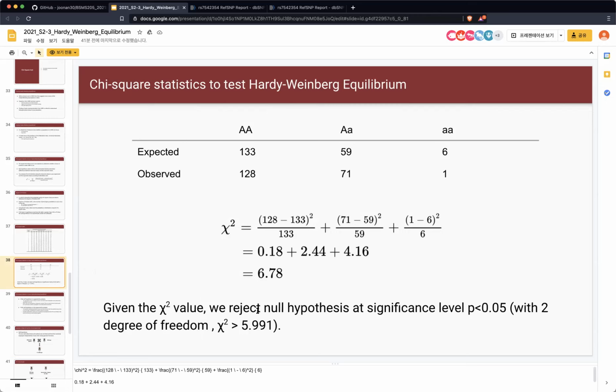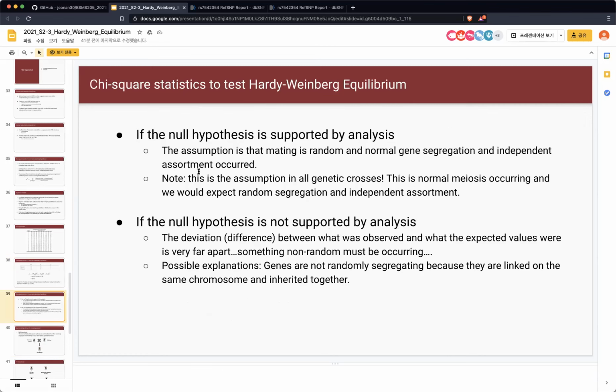So you can say that you reject the null hypothesis at a significance level, with a p-value lower than 0.05, right? So we can easily calculate whether your observation is different from what the natural population normally has. So this case is significantly different and significantly rejects the notion of the Mendelian ratio, right?